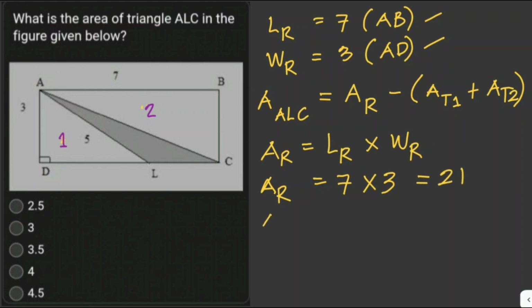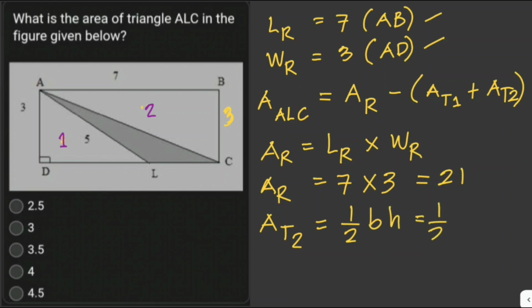And now the area of triangle 2. So we're already given the height, which is 3, or just equal to the width of the rectangle. So area of triangle 2 is just 1/2 its base times height.